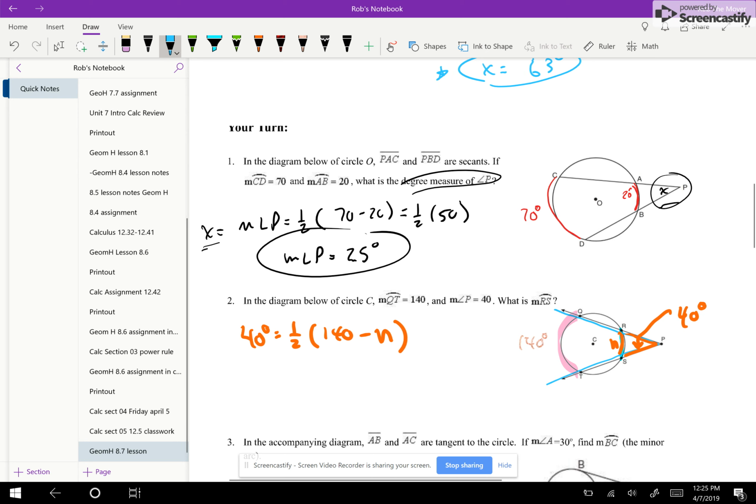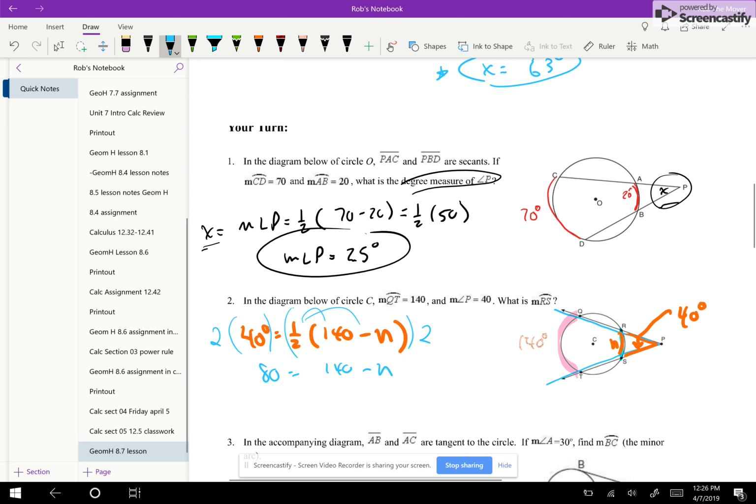Now here, the algebra is a lot easier if you just go ahead and get rid of that half by multiplying by 2. Otherwise, you're going to multiply by a half in here, distribute, and get a half N, which a lot of us don't like to deal with. I actually love fractions, because I can use them to my advantage. Here, the fraction isn't necessarily to our advantage. Multiply by 2 on both sides, get rid of the half, right?